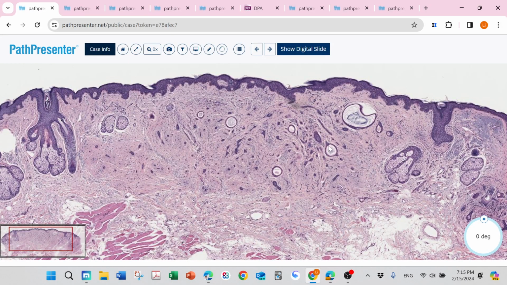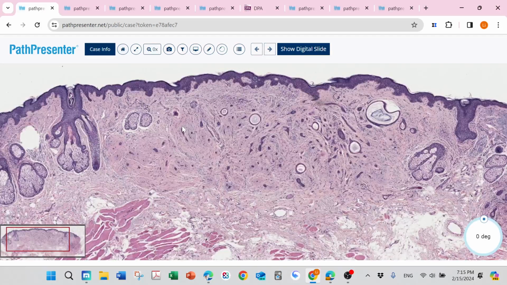This is the tadpole pattern. Tadpole, we have the head and then we have the tail. If you have the head and then you have the tail, this is the tadpole pattern. When you have this pattern, there are several differential diagnoses.